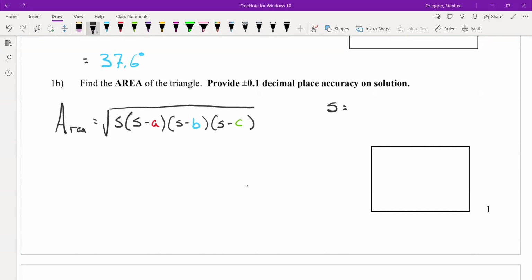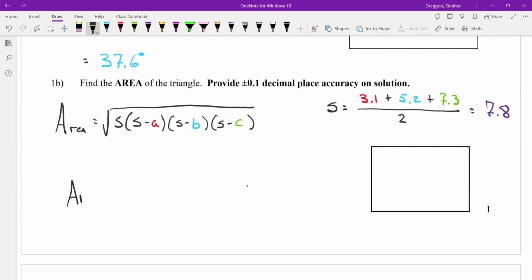All right, so S is 3.1 plus 5.2 plus 7.3, all divided by 2, and I got 7.8. So if I'm going to get my area, I just need to plug all that stuff in.